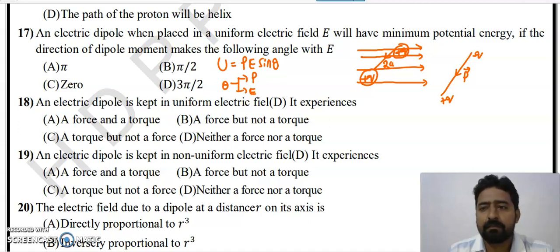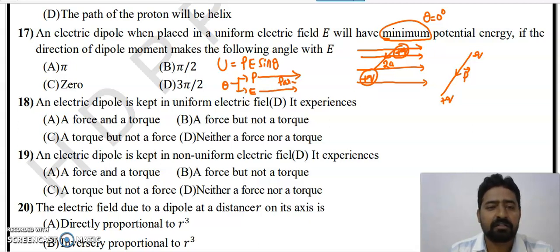So this is the minimum. So when does sin become minimum? That should be 0 degree. So the dipole and the electric field are both placed in what? Parallel. So parallel should be the answer. That is, option C is the right answer, 0 degree.